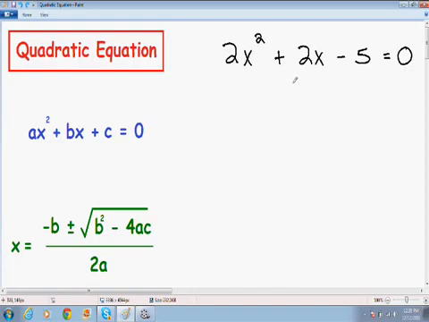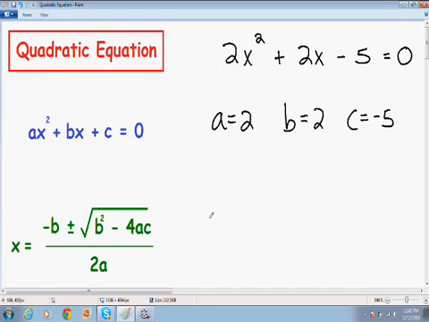The B is always the number in front of the x term, or the middle number, and the C is always the number that is not attached to an x term. So for this example, our A is 2, which is in front of the x squared term. Our B is also 2 because the 2 is in front of the x term. And our C, the number with no x term, is -5.